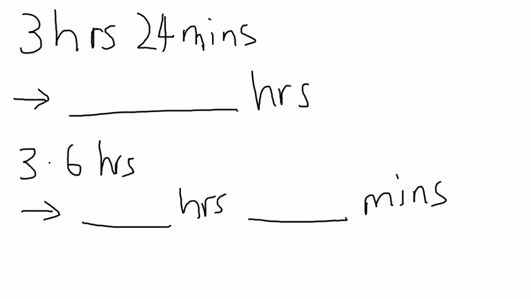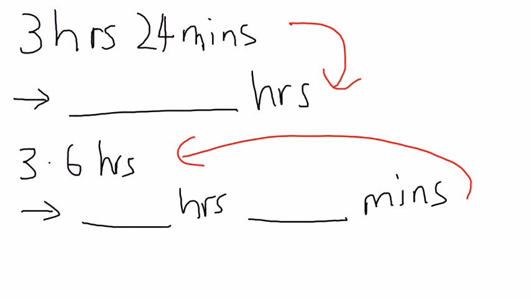As you can see, this is one way and this is the other way. These 2 types of questions are asking you on 2 times conversion. Let's try the first one first.